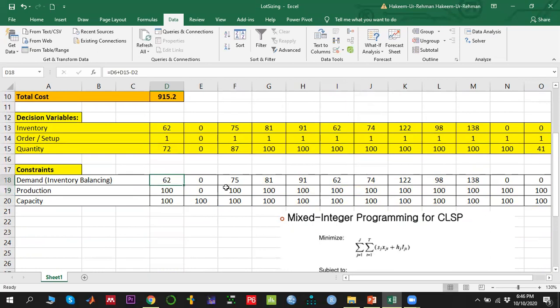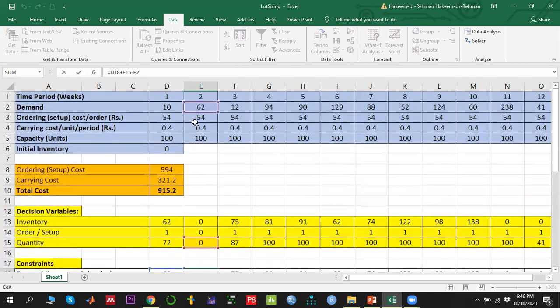When we solve optimally, we will see how much inventory we would have in time period 1. Similarly, for the next time period, it is the inventory in the last period, which is this one, plus the production quantity, minus demand.